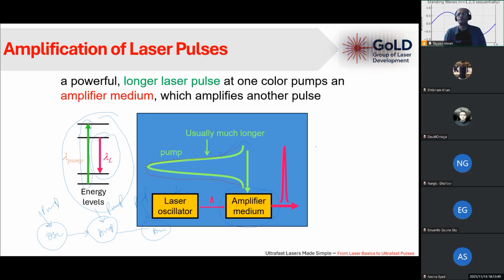Sometimes it happens that we use one pump laser for two amplifier stages, but it depends. But in any case, for the amplifier we also need the pump laser, and for the oscillator we also need the pump laser.